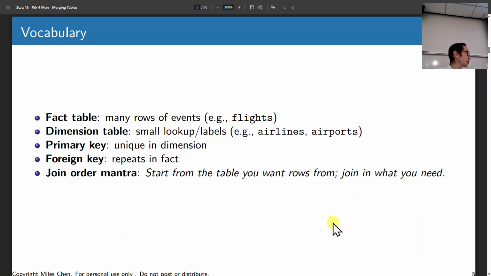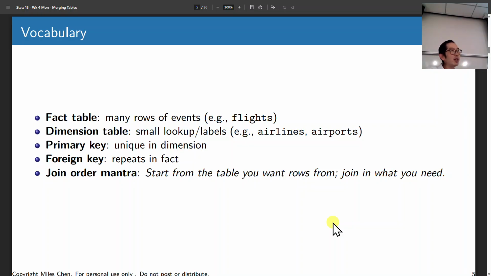For example, you can think of in our flights database, the flights table has hundreds of thousands of rows, all with these different flights, okay? And then you have these smaller tables that we might call the dimension tables. These are our lookup tables, or they provide labels. So for example, in the flights table, one of the columns is carrier, and it'll be something like AA and UA and WN or something like that, right? And those correspond.